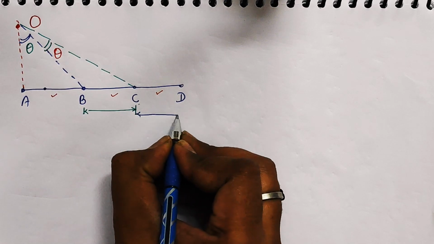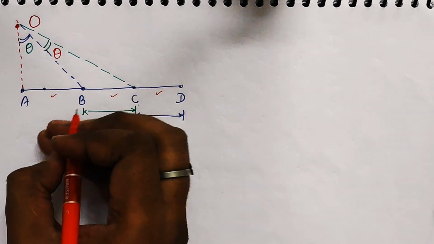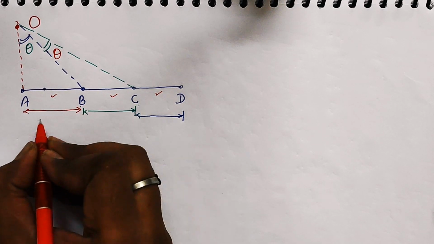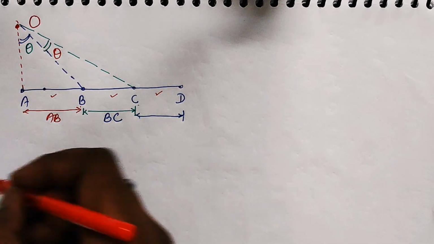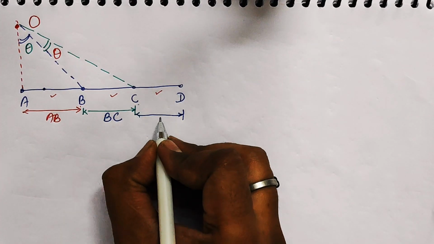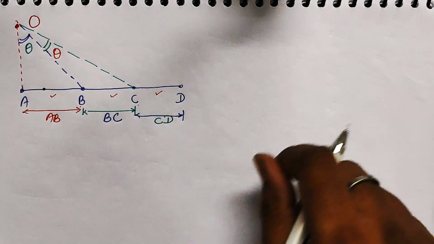Earlier this was AB, this was BC, and this was CD, right?